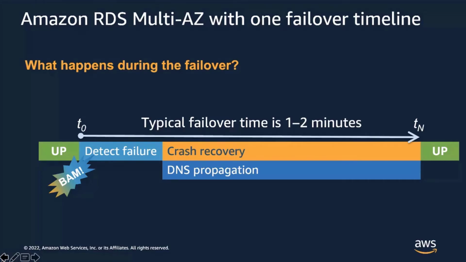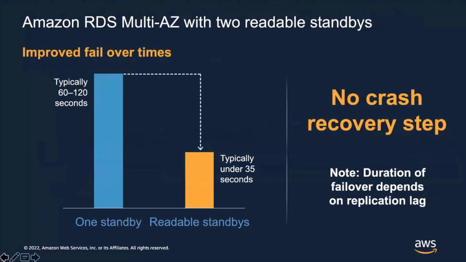In the case of the new deployment option, there is no crash recovery step. So the failover time typically is under 35 seconds, as it involves just the replica lag, which is the time needed to commit the transactions that are in flight from the primary to the secondary, and just to promote one of the secondaries to be the primary. As a result, you see the failover times are much faster in case of this new deployment option.